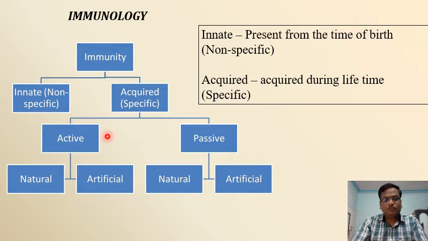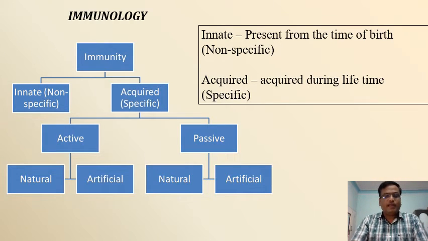Active means here our own body is producing the antibodies or the cells against the infection. And in passive, the body is not producing anything. Actually, the body receives the antibodies and other things from an outer source. So that is the difference between active immunity and passive immunity.